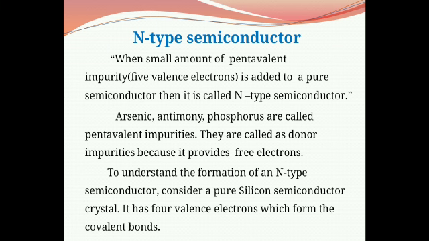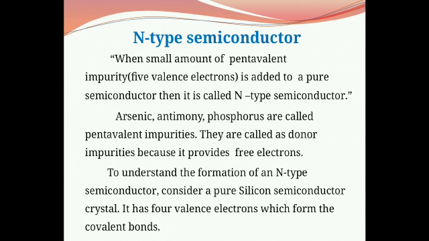Now we study what is meant by an N-type semiconductor, or how N-type semiconductors are formed. When a small amount of pentavalent impurity, that means having 5 valence electrons, is added to pure silicon or germanium, then it is called an N-type semiconductor.